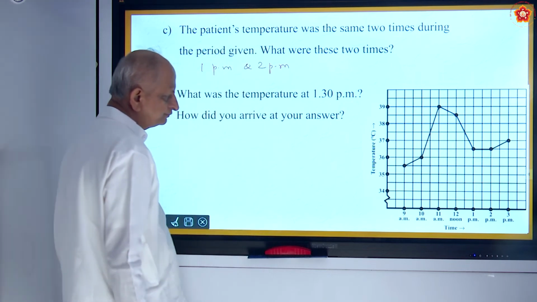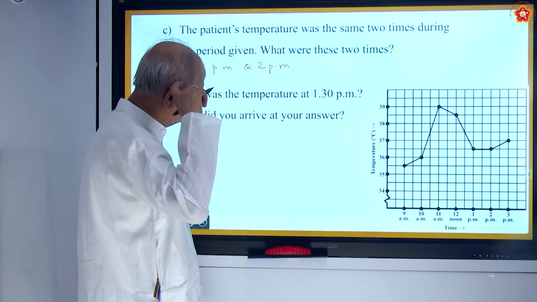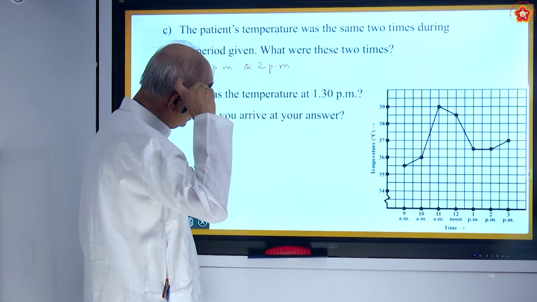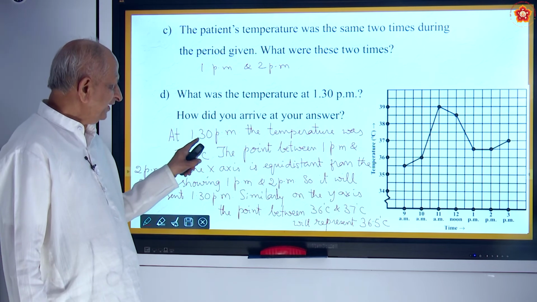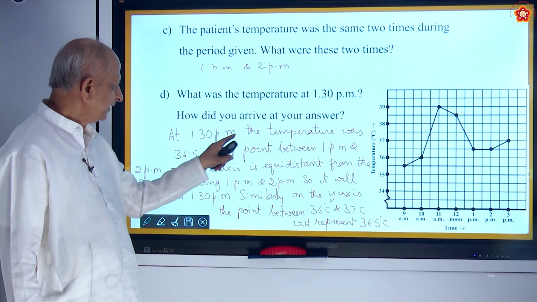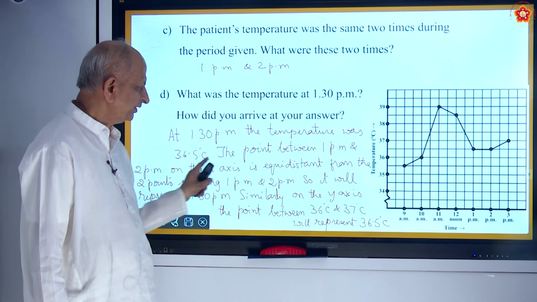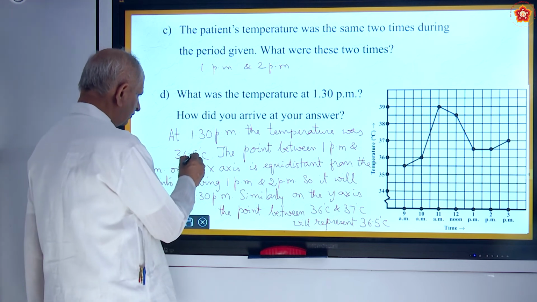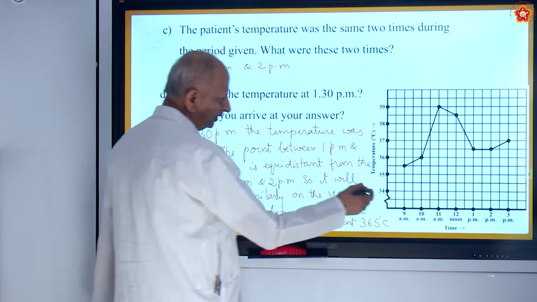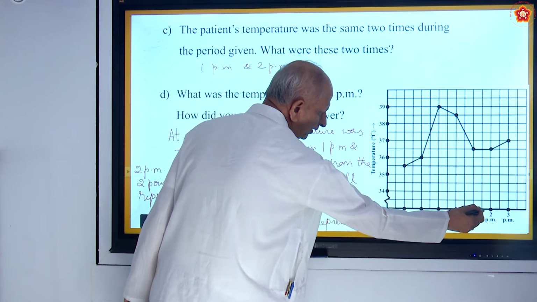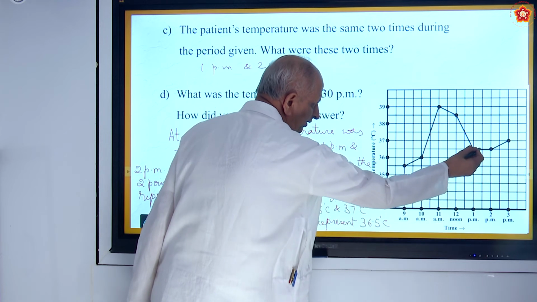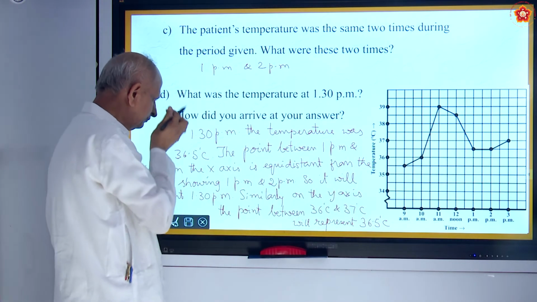The 1:30 p.m. temperature was 36.5, correct? Between 1 and 2, at 1:30, it is also 36.5.